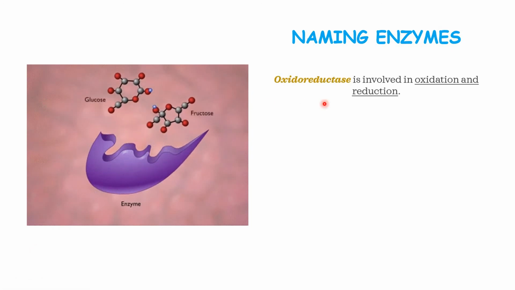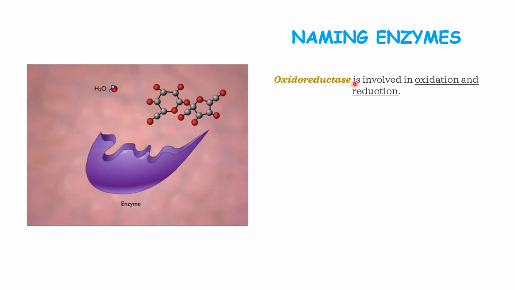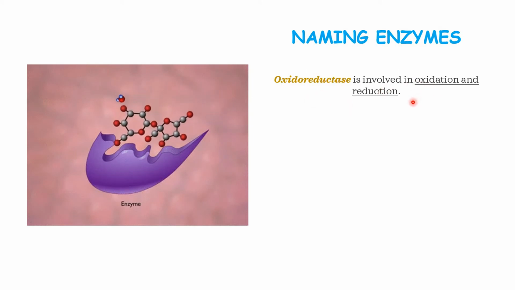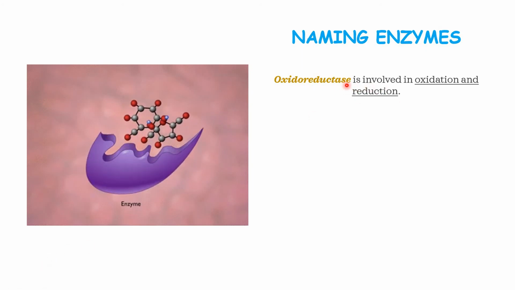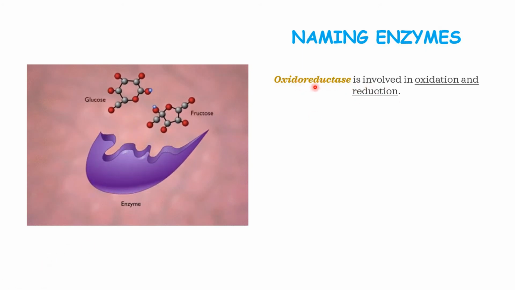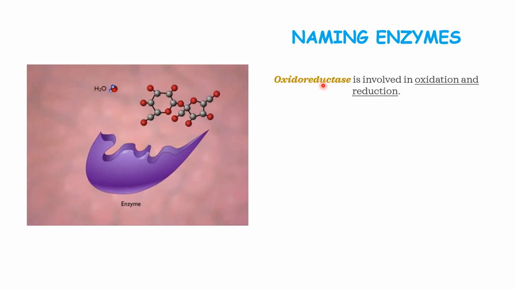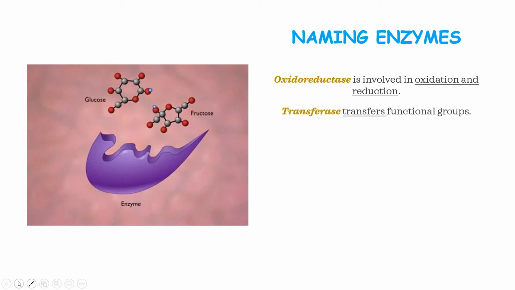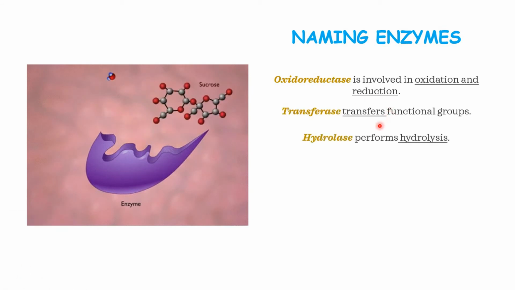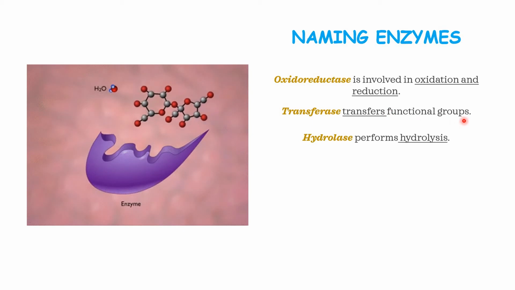Now, the first kind of enzyme that we are going to name is oxidoreductase, which is involved in oxidation and reduction. Meron siyang ASE, which is the suffix for enzymes, if I'm not mistaken. Transferase naman, it transfers functional groups.